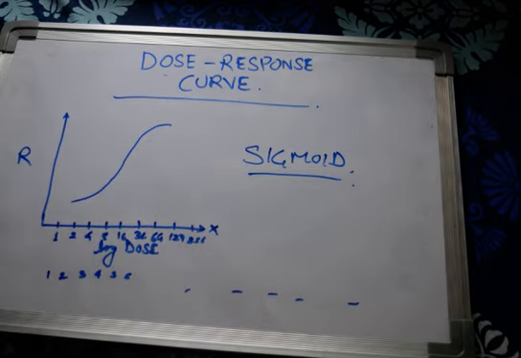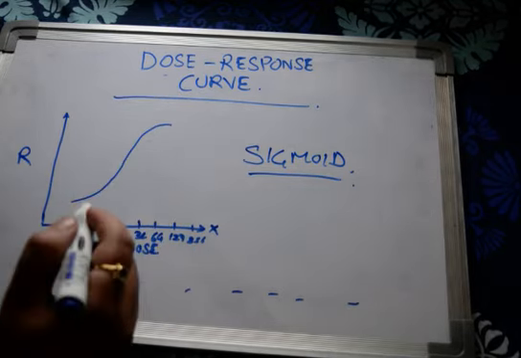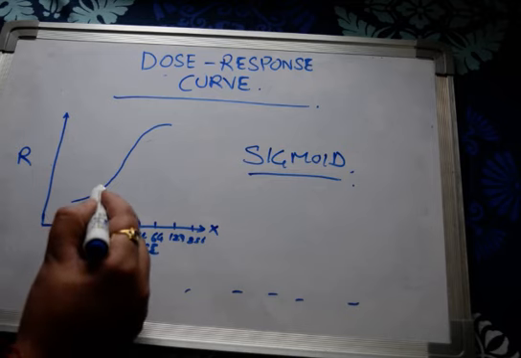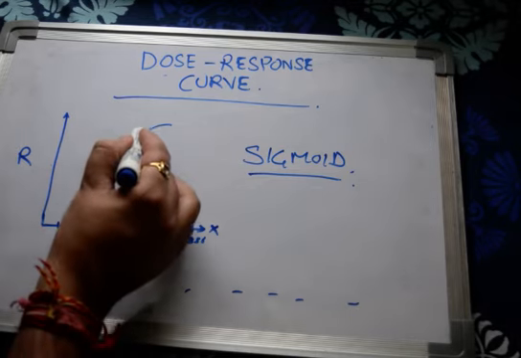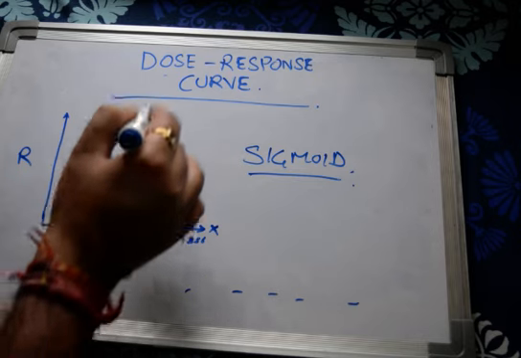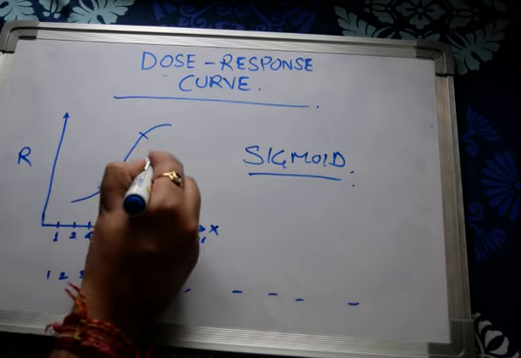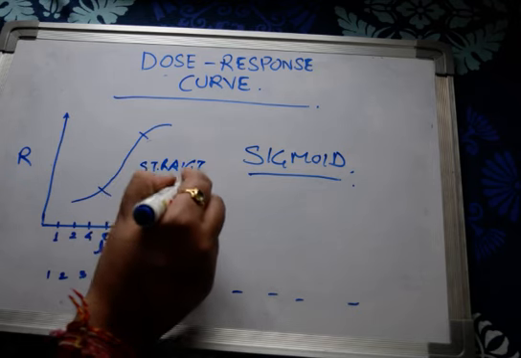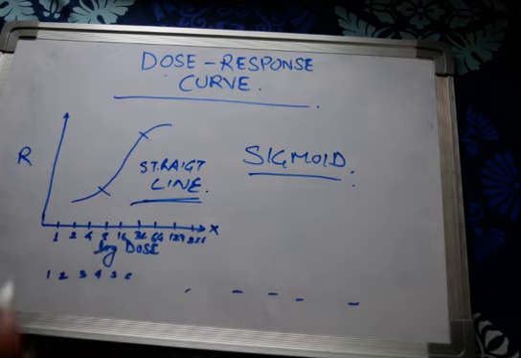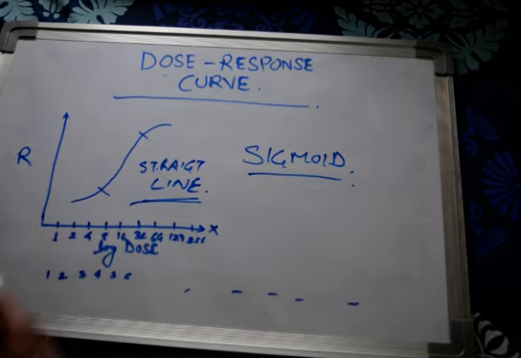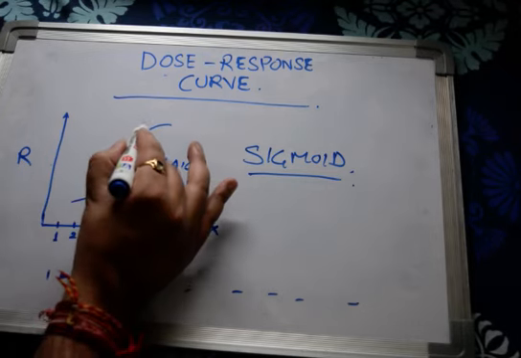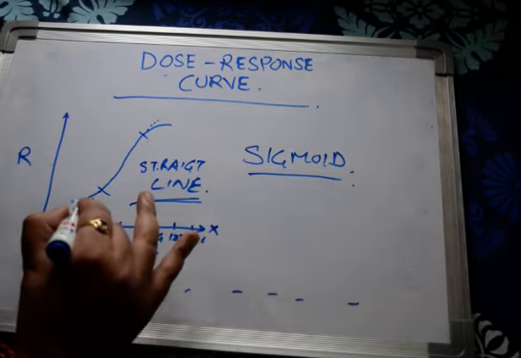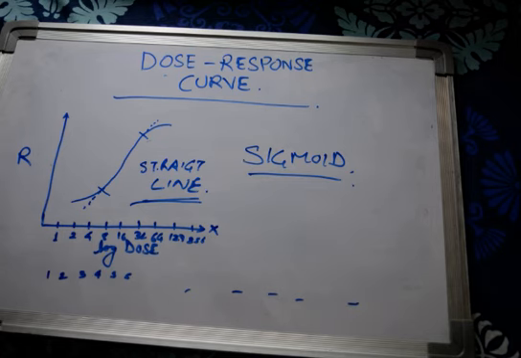As you can observe, nearly from this point till this point, the curve is a straight line. And a straight line is always beneficial, because you can extrapolate it, and this can give you some meaningful results.